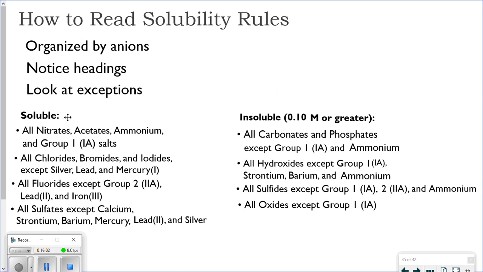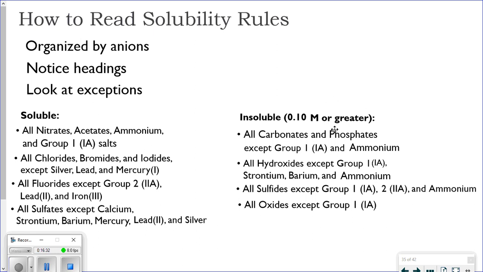But some things to note, anytime you have a nitrate, acetate, ammonium, or any metal that's in group 1, like sodium and potassium, it will always be soluble. There are no exceptions to the rule. But something like chlorides, bromides, and iodides are going to be soluble unless they're paired with silver, lead, and mercury. Those metals will make the compound a solid instead of an aqueous solution.